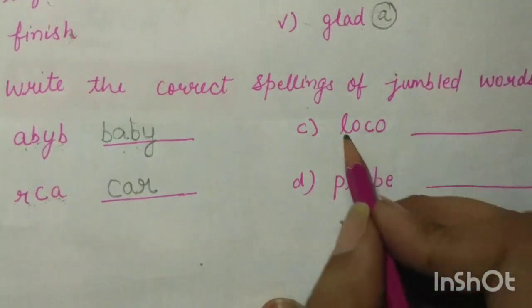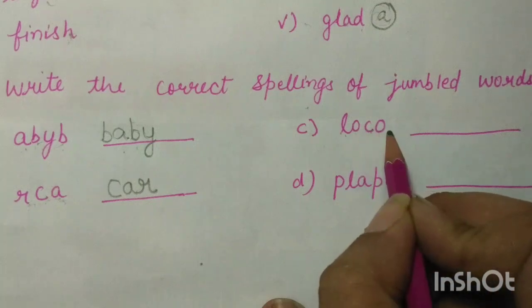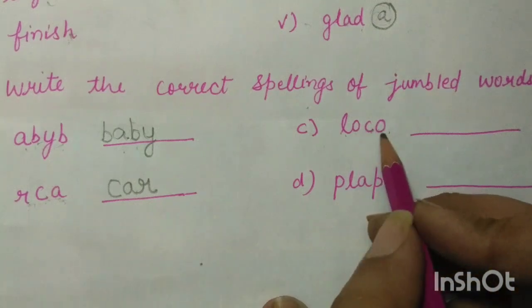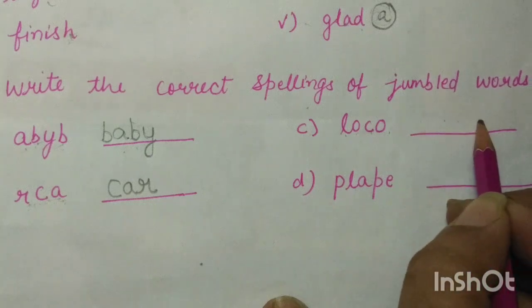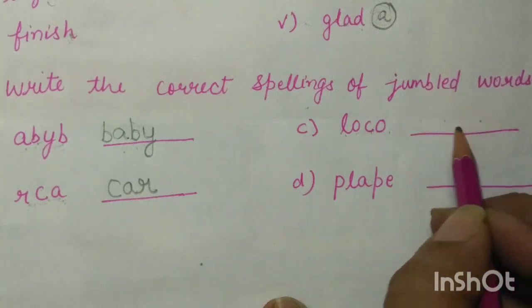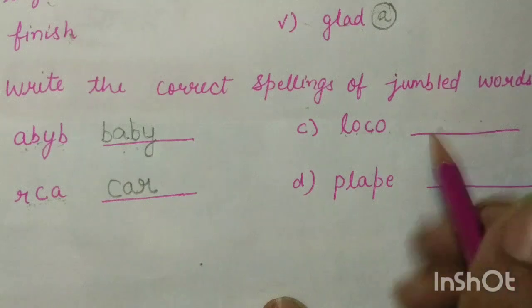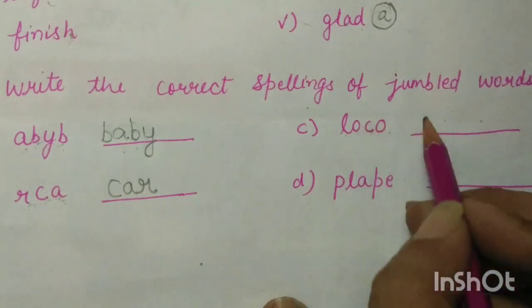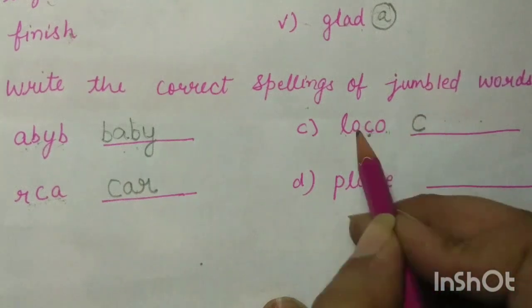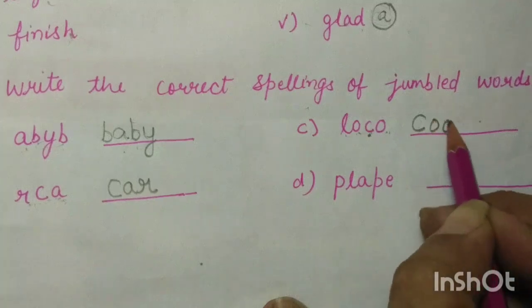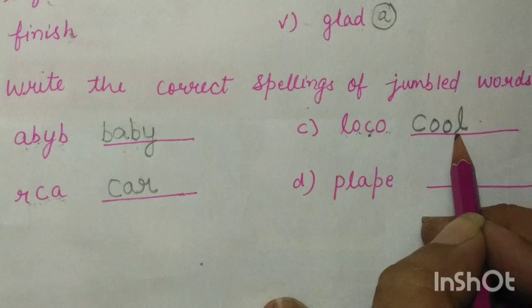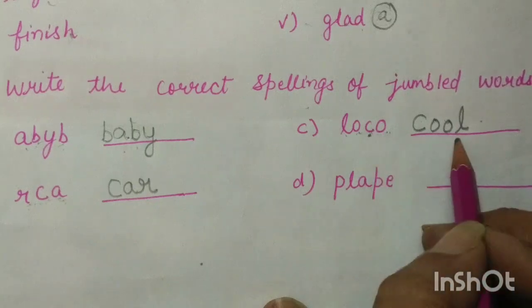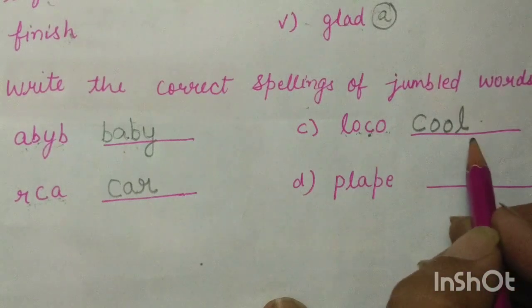Same here, L, O, C, O. If I rearrange them as O, O, C, L, there is no word with a meaning. When I say C, O, O, L, yes, cool. Cool has a meaning as a word.